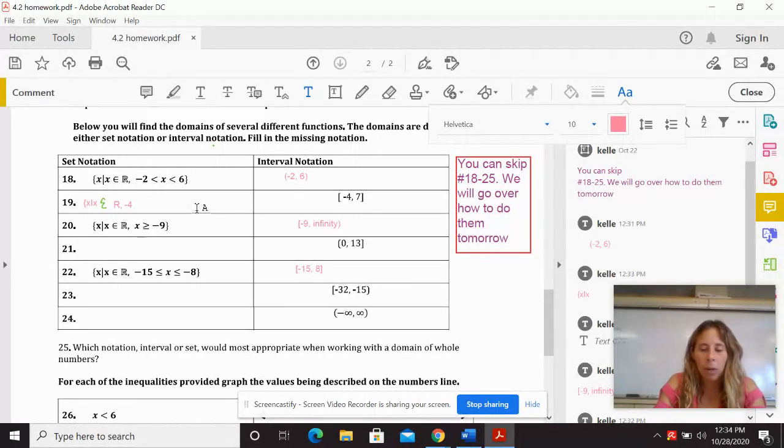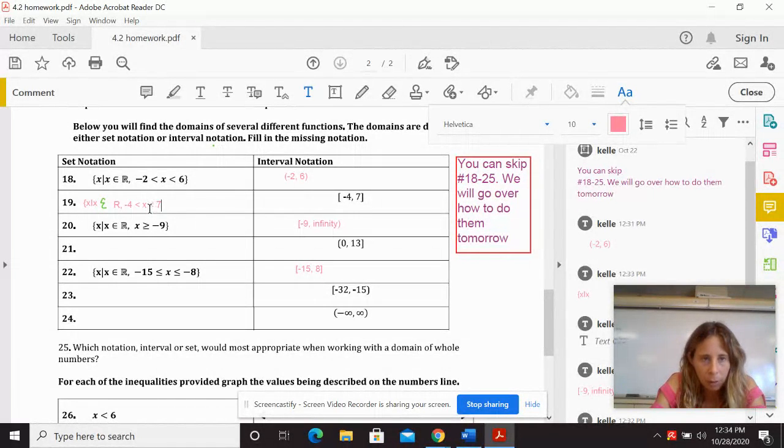So x is greater than or equal to -4, and then less than or equal to 7.